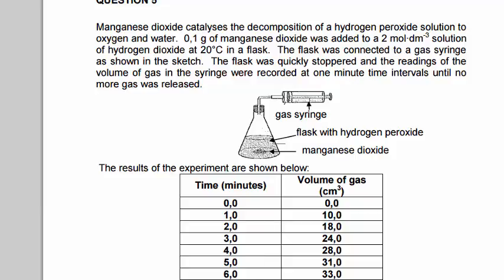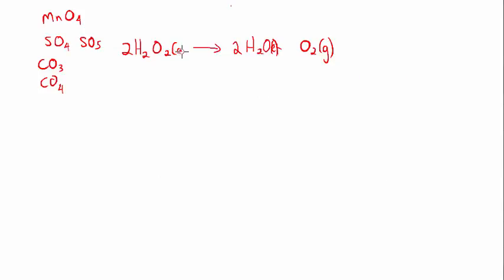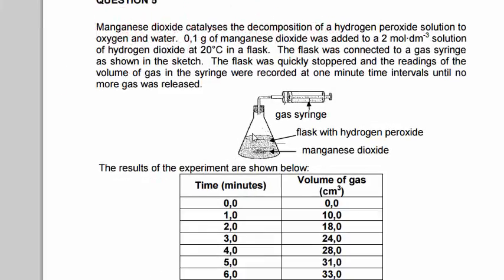Okay, if it's an aqueous solution, it's a liquid. So I've got a liquid on this side, and my products are liquid and gas. So what do you think you are going to observe while this reaction is occurring?